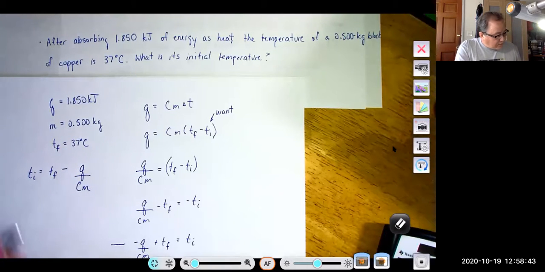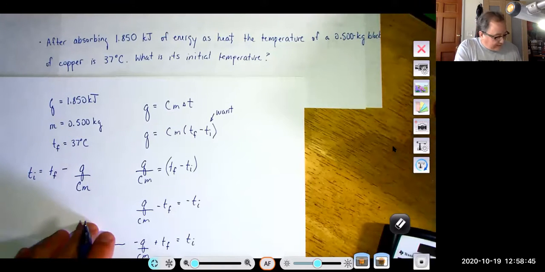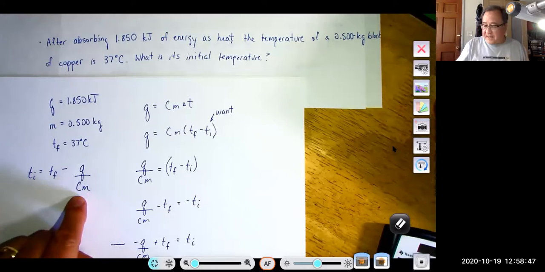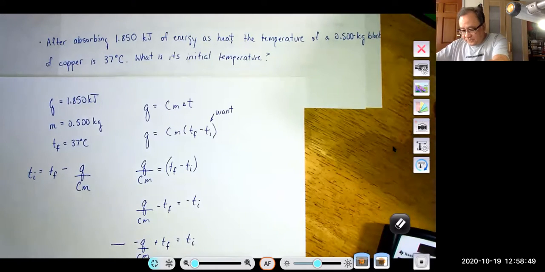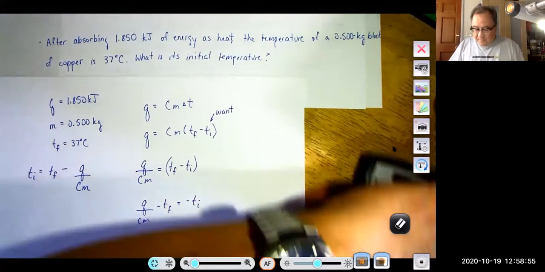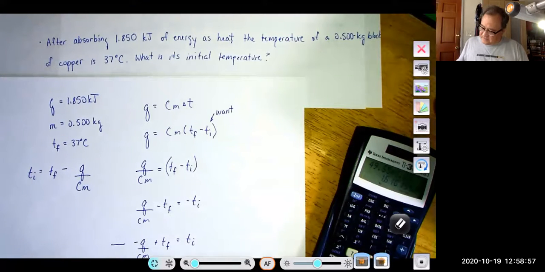Now, the only thing that we don't have that we need is C, the specific heat capacity of copper. So we use our book and we look it up. I don't remember what it is, but I'm sure we can find it.